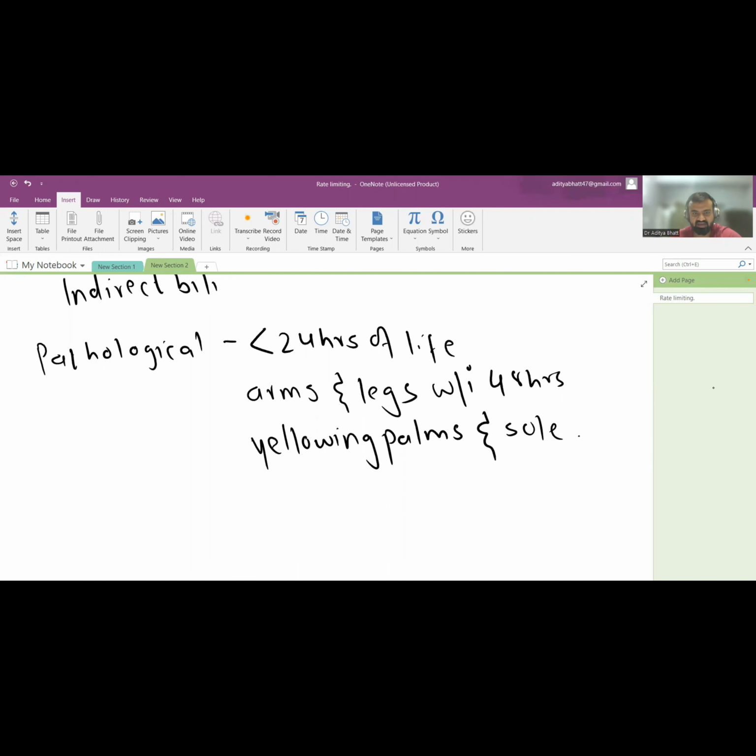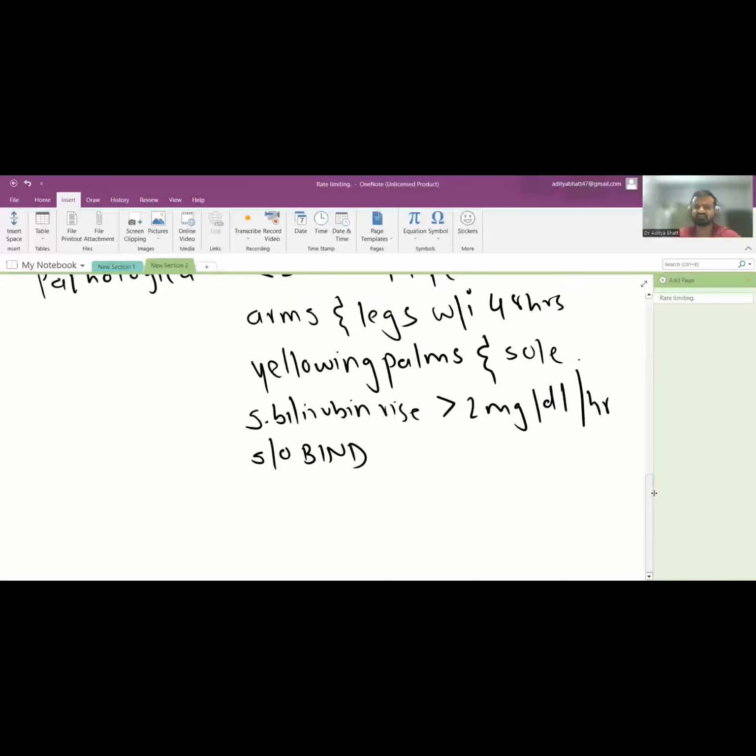Then, if the serum bilirubin rise is more than 2 milligram per deciliter per hour, or if there are signs of bilirubin induced nerve damage. The older term was kernicterus, now it is called bilirubin induced neurologic damage.